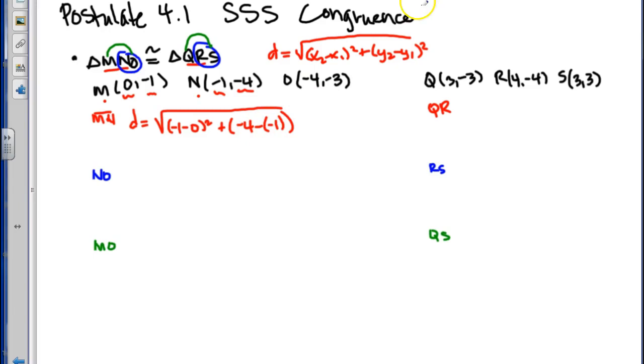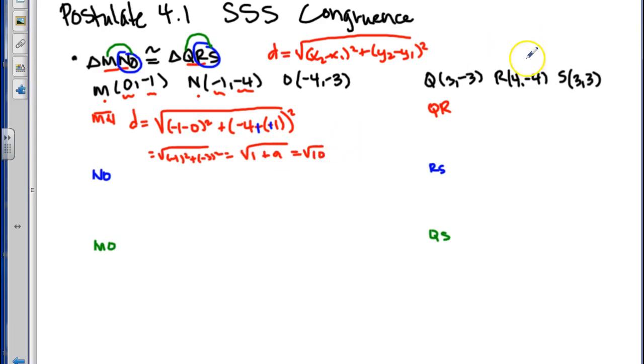This is still minus until we get to the point where we have minus a negative, so this changes to plus. So now I have the square root of -1 squared plus -4 plus 1, which is -3, squared. So the square root of 1 plus 9, so the square root of 10.